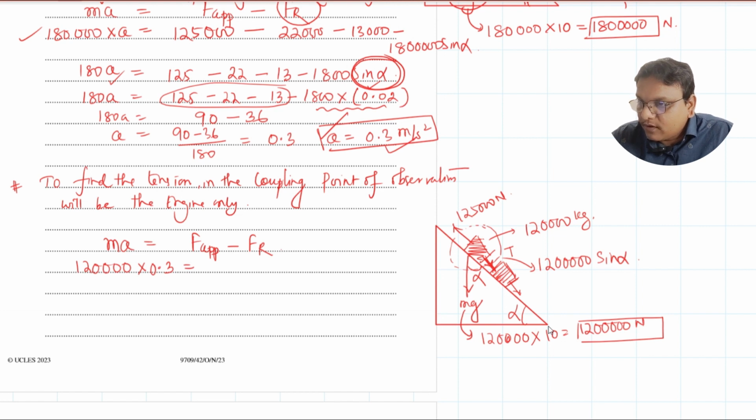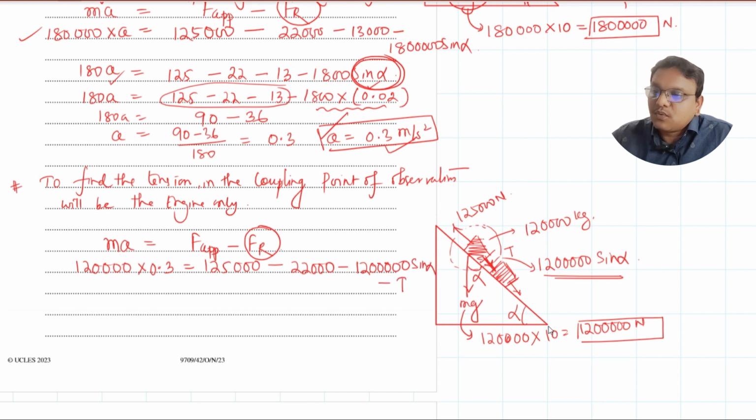And the force applied or driving force is given 125,000 Newton minus the resistance force, meaning the forces acting backwards. So we have two forces: 22,000, minus this one, 120,000 sine alpha, apart from minus T as well, tension also acting backwards, right?